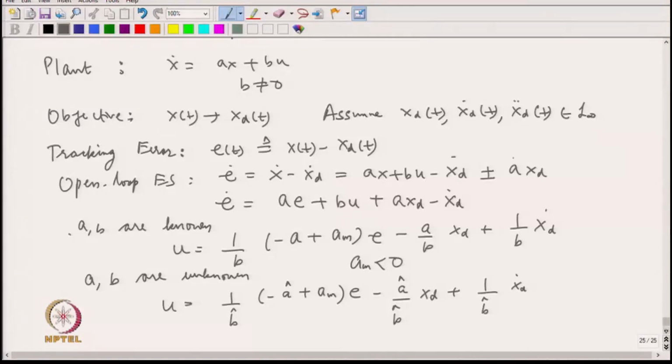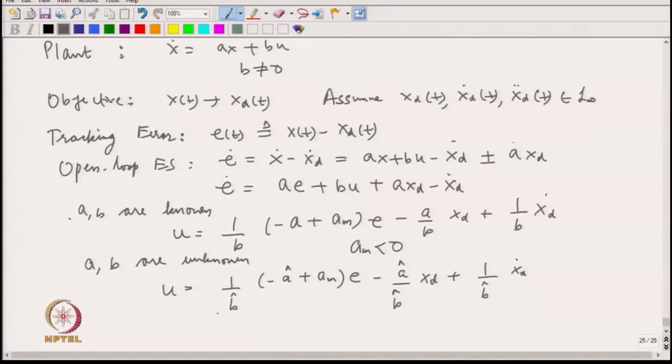And we can call these coefficients K1, K2 and K3. In fact, K1 hat, K2 hat and K3 hat, and these could be K1, K2 and K3.